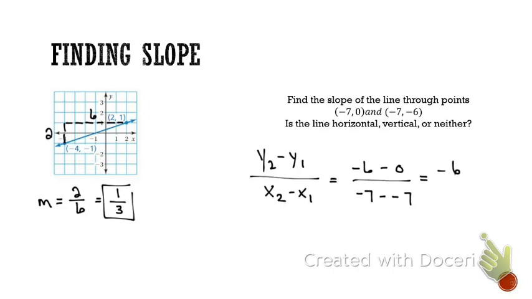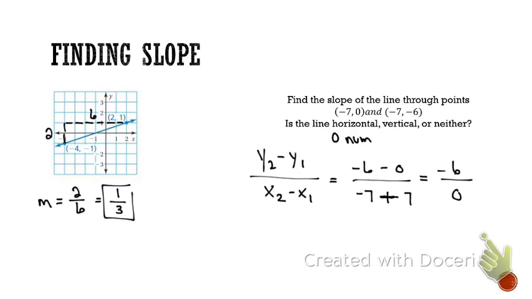All right, so -6 minus 0 is -6. But then when I change that double negative to a positive, it's -6 over 0. So that's my slope. But now I have to answer the question, is this line horizontal, vertical, or neither? Well, just as a review, a horizontal slope will have 0 in the numerator.